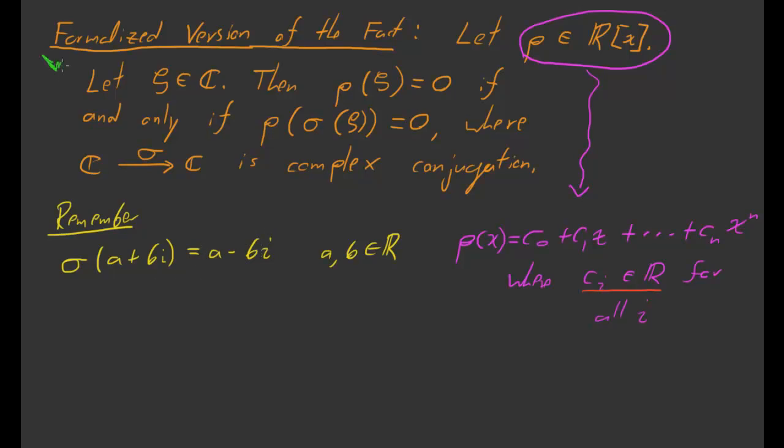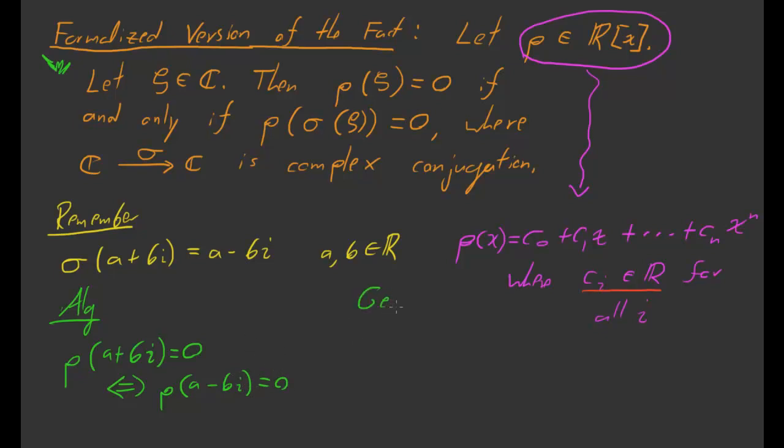So algebraically, this statement means that P of a plus bi is equal to 0, if and only if P of a minus bi is equal to 0, again letting a and b be real numbers.